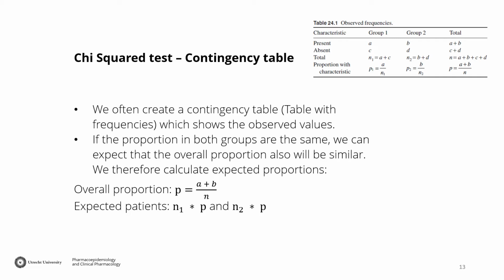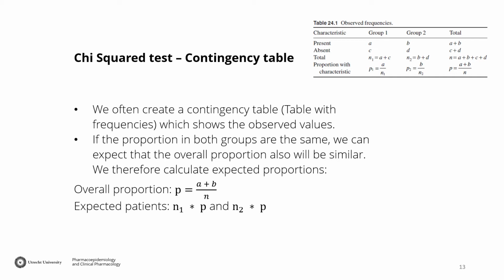If the proportions in both groups are the same, we can expect that the overall proportion will also be similar to those, and we can therefore calculate an expected proportion. This can be done by using the overall proportion that we also calculated in the table, which is P, and then using that to calculate the expected patients.